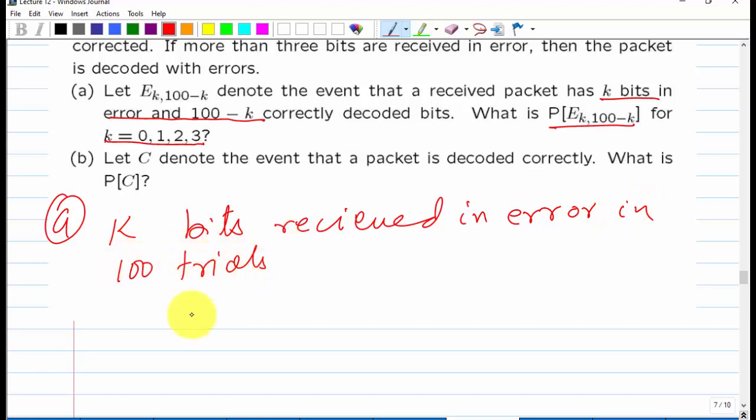The probability of error epsilon is 0.01, and the success probability is 1 minus epsilon, which is p.